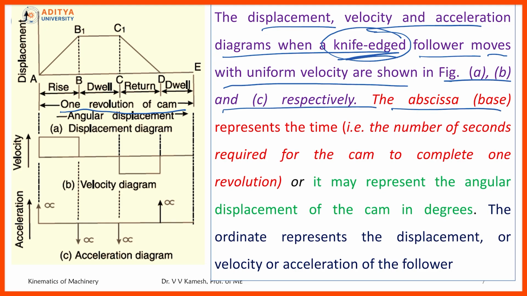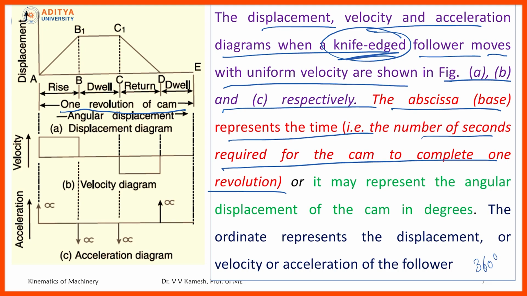The x-axis represents the time, the number of seconds required for the cam to complete one revolution. One revolution means 360 degrees. In this 360 degrees, for how many degrees will the cam follow a particular pattern of movement? So, it may represent the angular displacement of the cam in degrees.